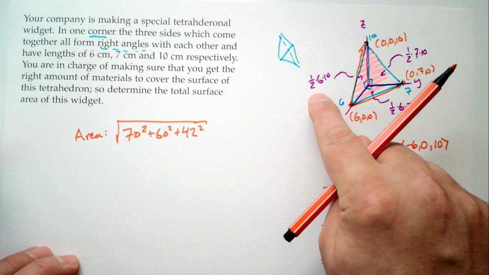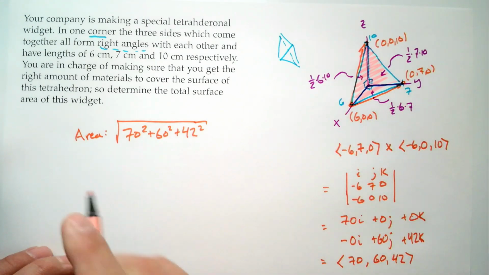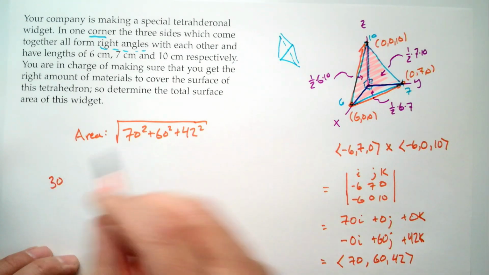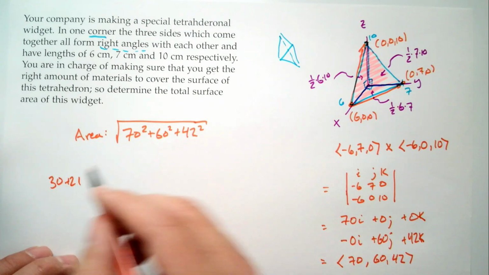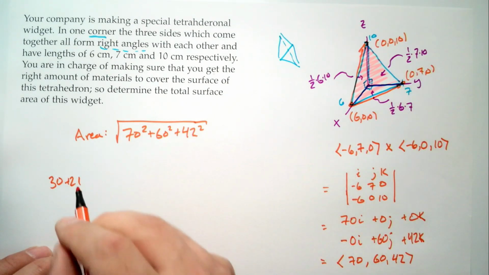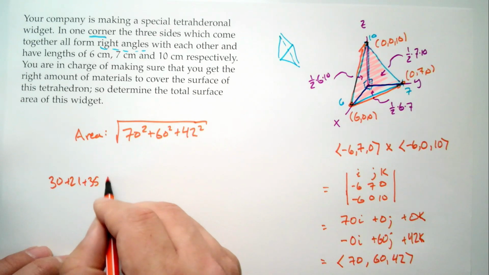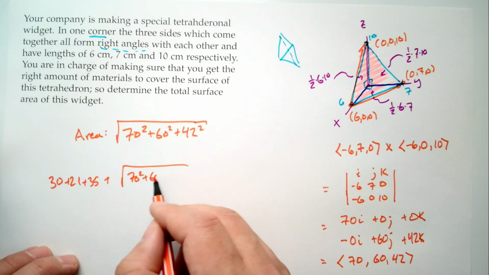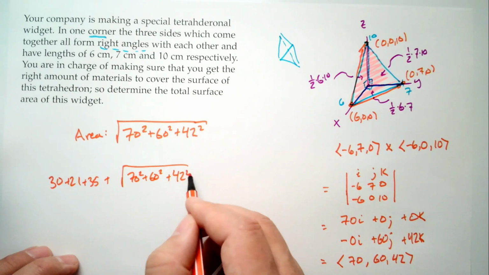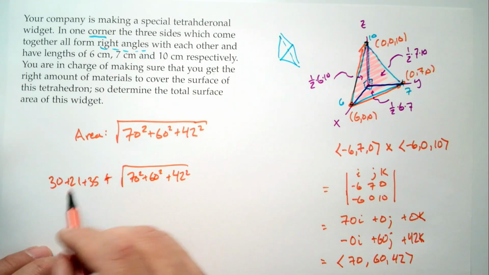Well, we put everything together. A half times 6 times 10, that'd be 30. And a half times 6 times 7, that'd be 21. And a half times 7 times 10, that'd be 35. And then plus this big number, whatever it turns out to be.